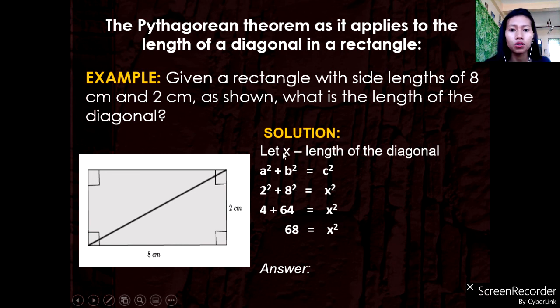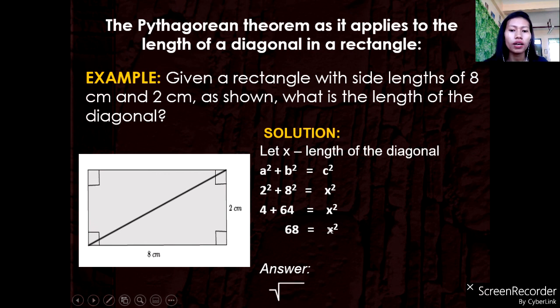Okay, we have the solution. Let x be the length of the diagonal. So, given the formula, a square plus b square is equal to c square. So, plug in natin yung mga known values which is 2 and 8 dun sa legs. 2 and 8. So, get the square. 2 square is 4 and then square of 8 is 64. So, add natin, 68.